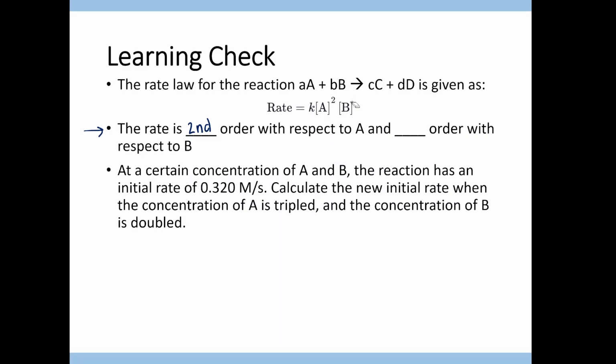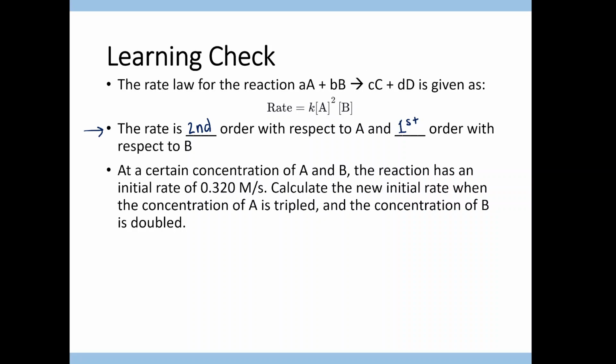We usually don't write the exponent of 1, but if that reactant is included in the rate law, then you can assume that exponent is 1, and it is first order with respect to B. If something had a 0 order, like if B was 0 order, it just would not be part of the rate law, but you would still know it's a reactant based on the chemical equation.